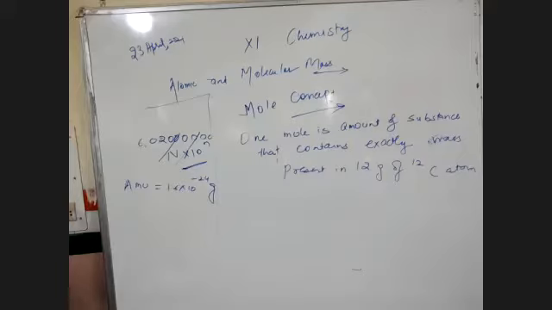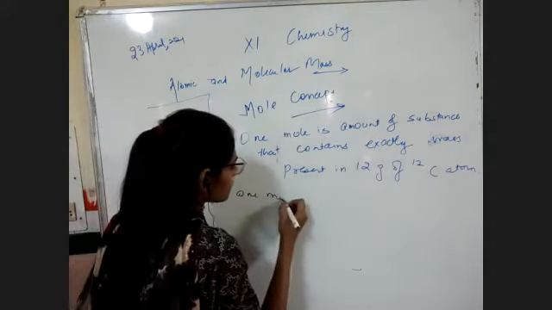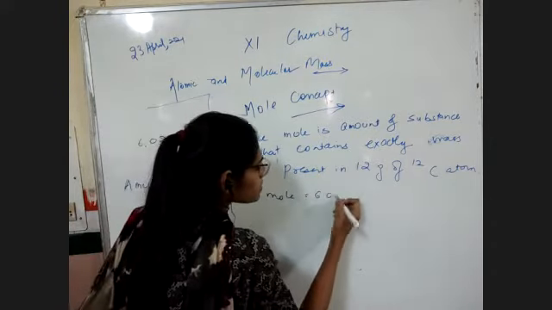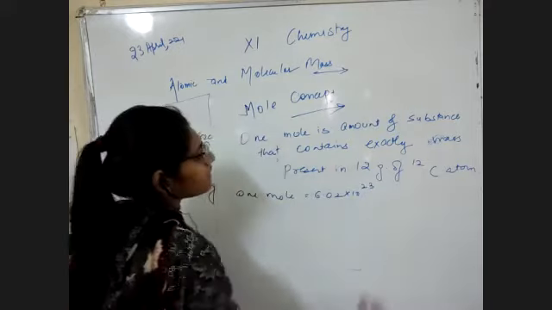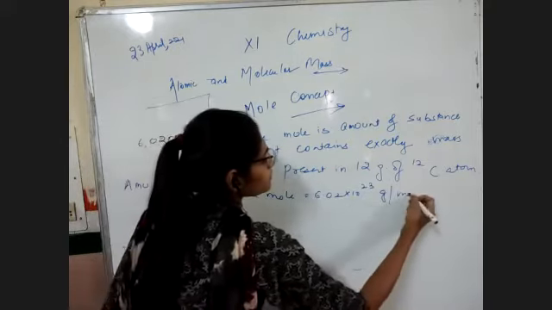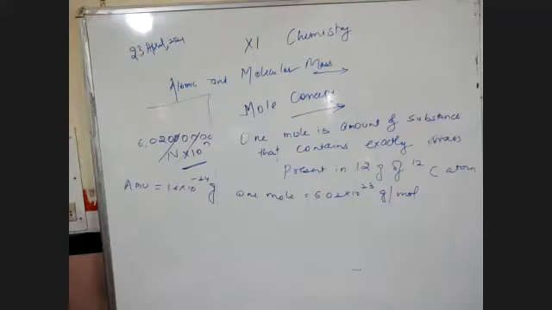So if we need to calculate 1 mole value of our carbon, we would get 1 mole equals 6.02 into 10 raised to power 23 gram per mole. This is known as 1 mole of carbon.